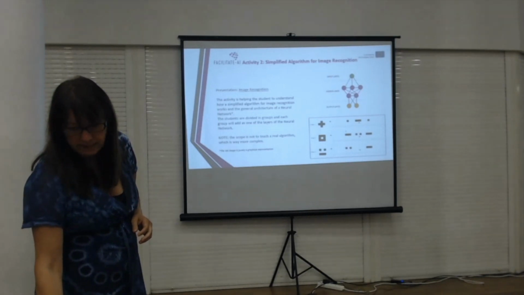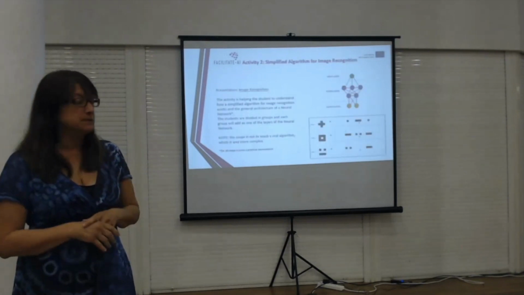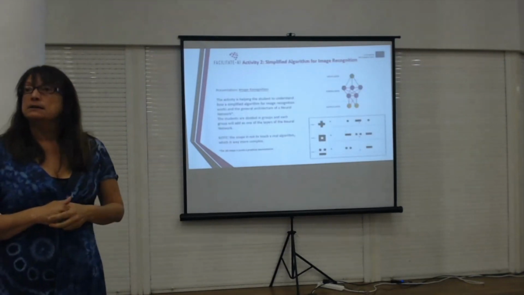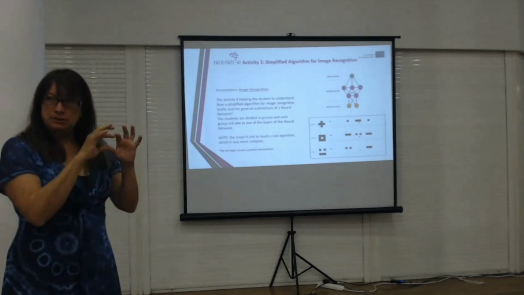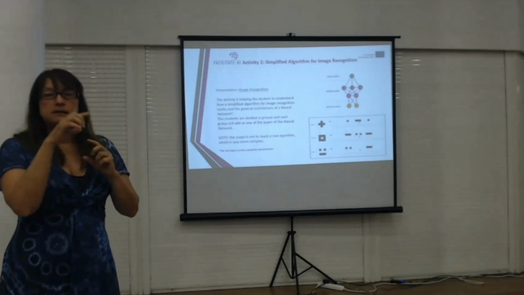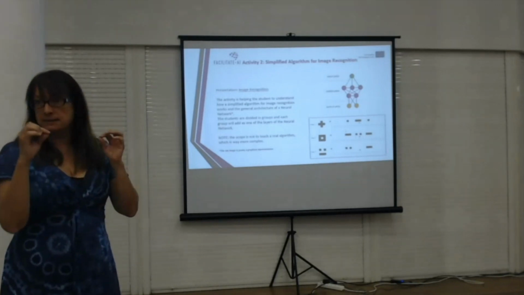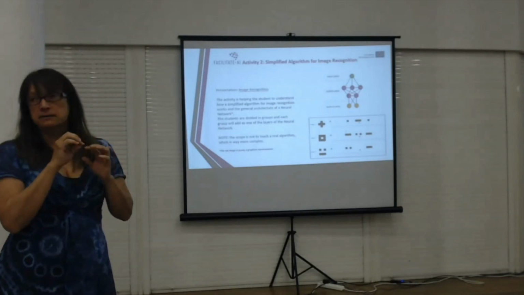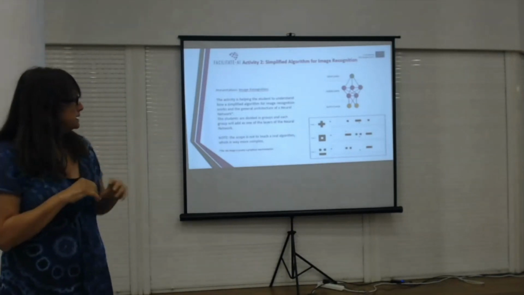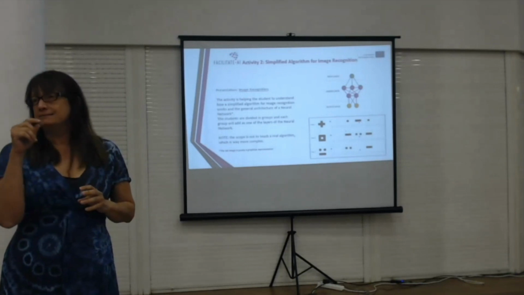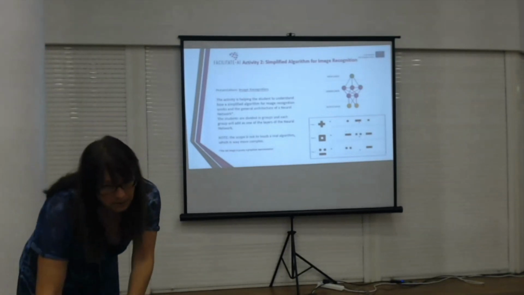We give them three images. They have to see the images, divide them into pixels, and transform the different images into layers. In the first layer, there will be the small squares with only white or dark.